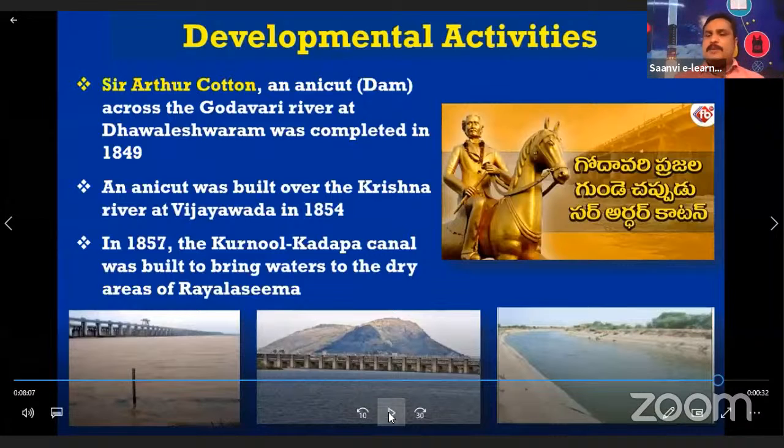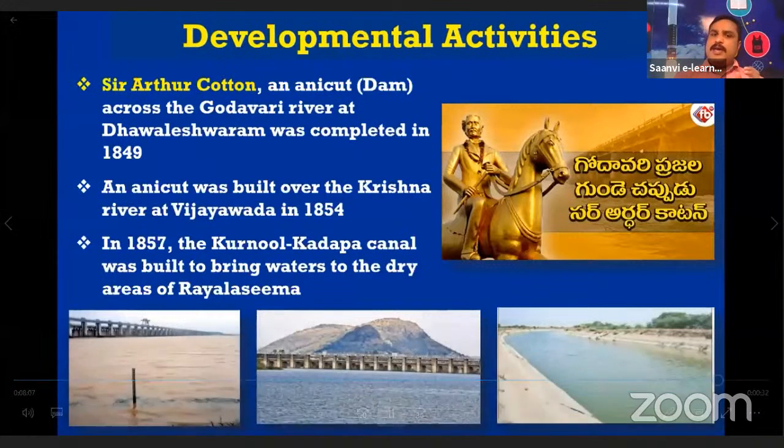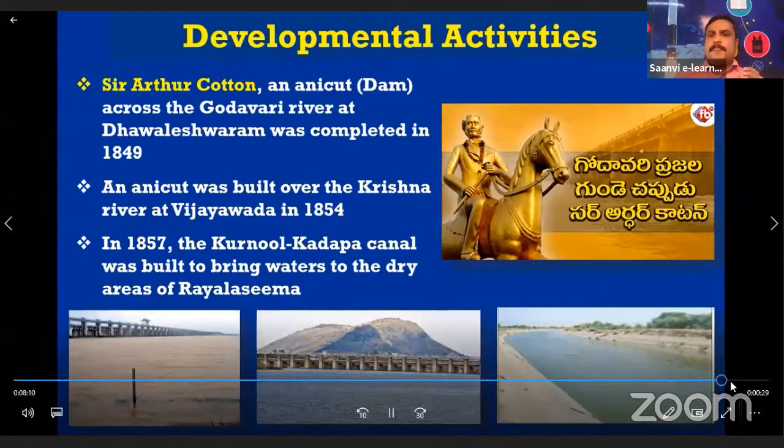Finally, among the developmental activities of the British, Sir Arthur Cotton constructed a dam across the Godavari River at Dhavaleshwaram, completed in 1849. The same way, one more dam, very important, the year and which dam was constructed, please note it down. And in 1857, the Kurnool Kadapa Canal was built to bring water to the dry areas of Rayalaseema.